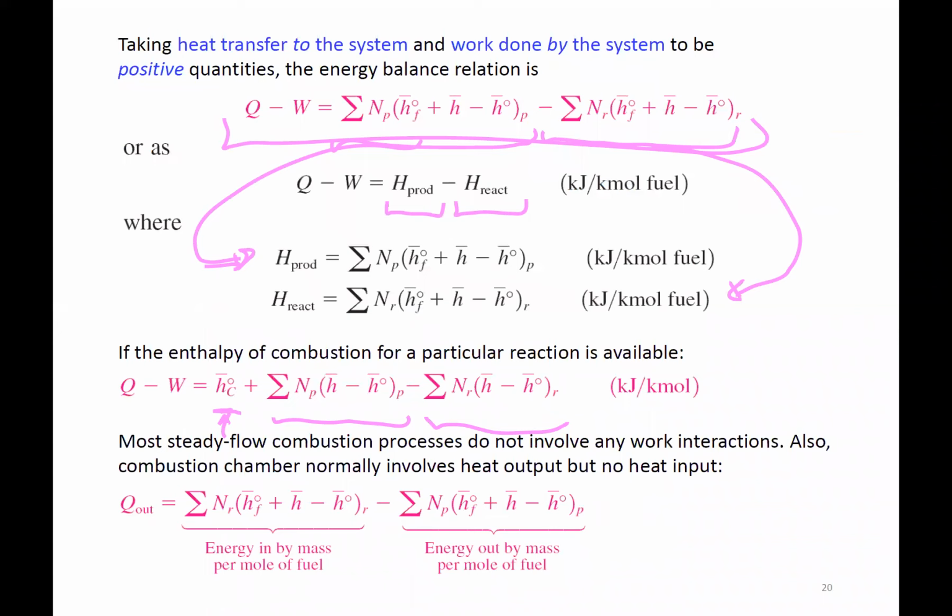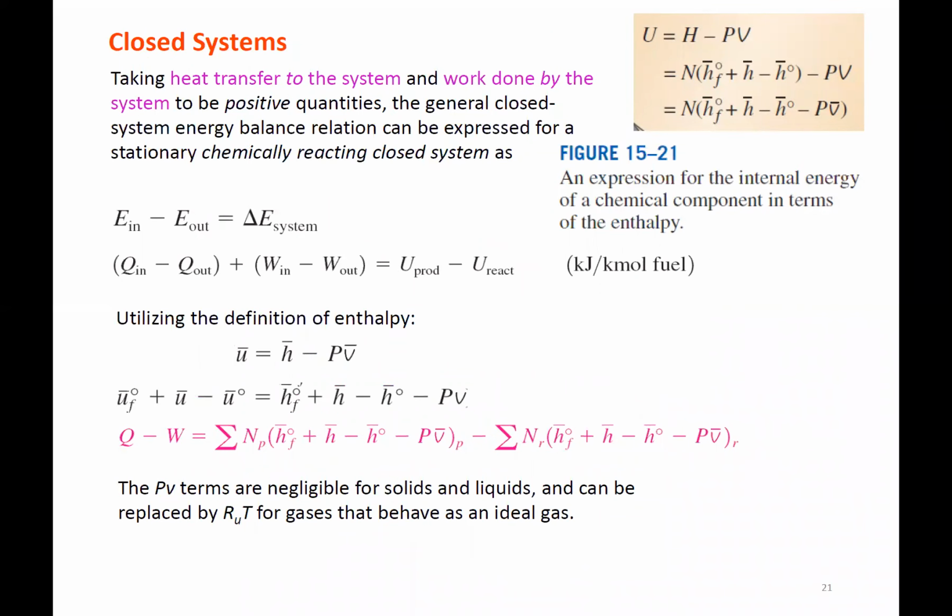Okay. So if you don't have any work, that term goes out and you get down to this equation. All right, so closed systems: instead of having uf values, because we have h enthalpy of reaction values, instead of also tabulating an enthalpy of formation for internal energy, since we're looking at a closed system with change in internal energy of products minus reactants, we use the definition of enthalpy, which is U plus PV.